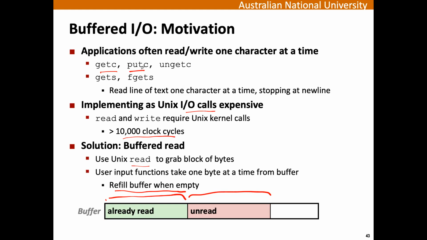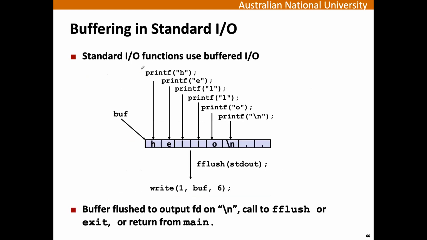The standard C library is more advisable than native system calls. We say native system calls when you issue read and write functions which are system calls, and these are high-level abstractions on top of them. So here's an example of buffering that the standard IO library does.